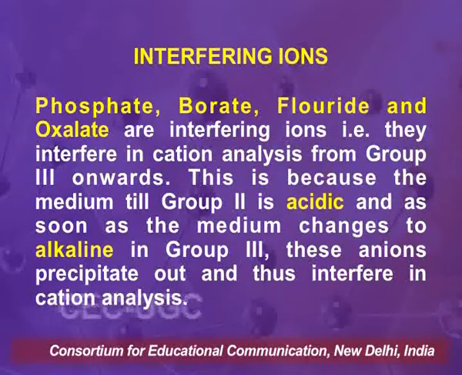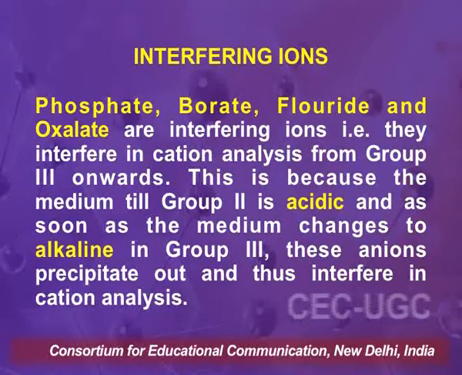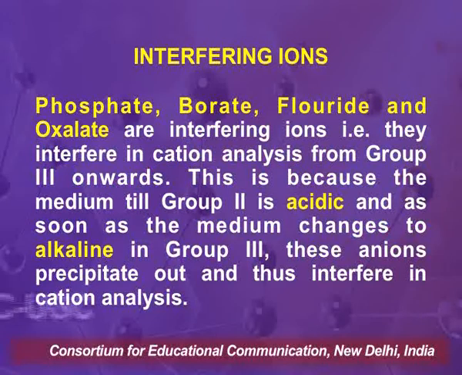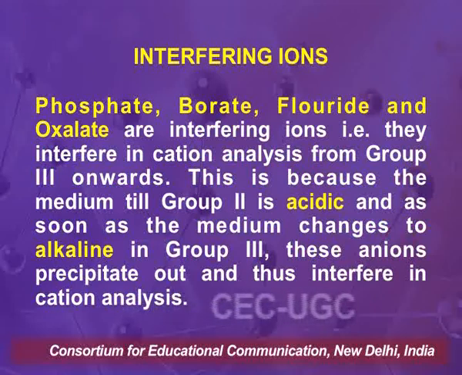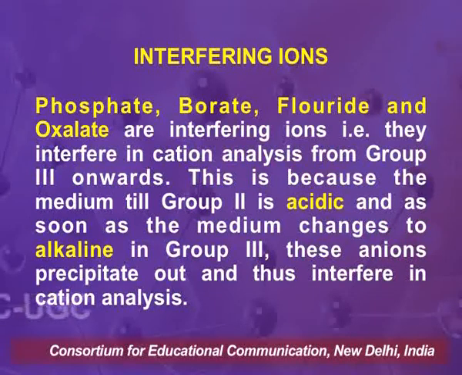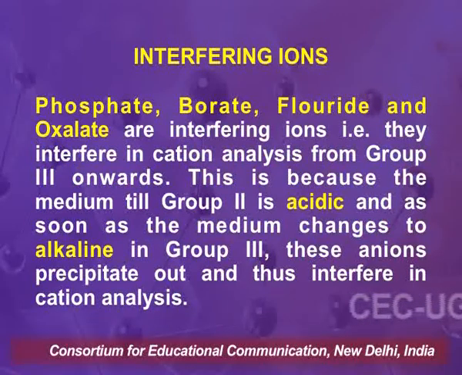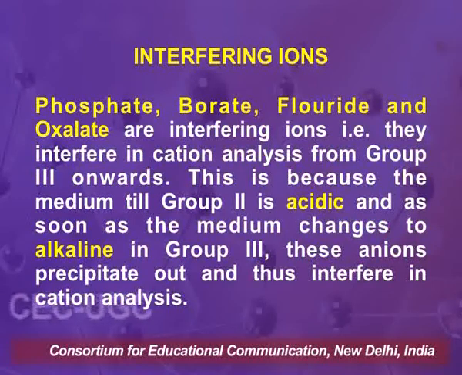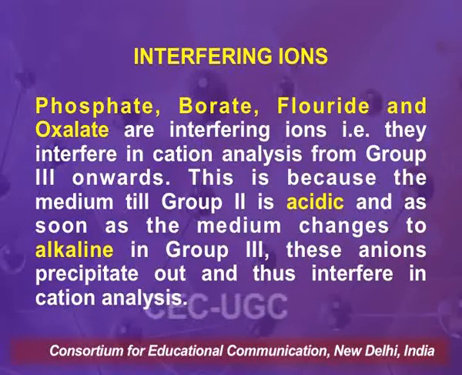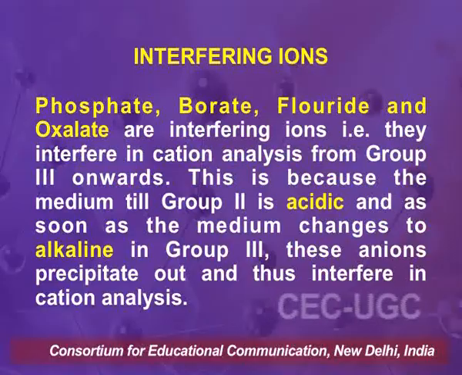This is because the medium till group 2 is acidic, and as soon as the medium changes to alkaline in group 3, these anions precipitate out and thus interfere in the cation analysis. So, before the start of group 3 cation analysis, these 4 ions have to be removed, and then the analysis of the cations needs to be proceeded with.